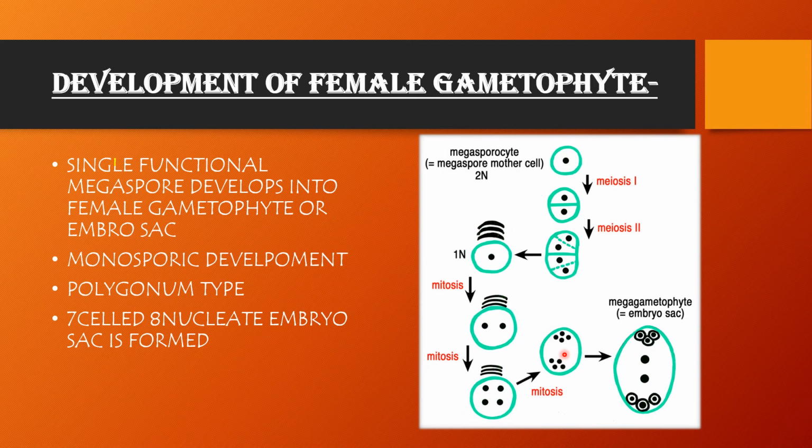Then cytoplasmic division as well as wall formation takes place, and it gains such a structure. 3 are placed at one pole and 3 at the other pole, and 2 are placed at the center of the cell, and that structure is called the embryo sac or megagametophyte. Megagametophyte, embryo sac, or female gametophyte, it can be called. So this is the structural development of the embryo sac.